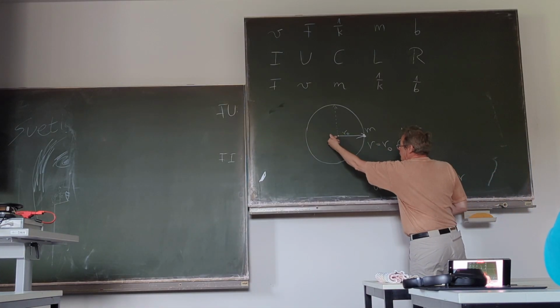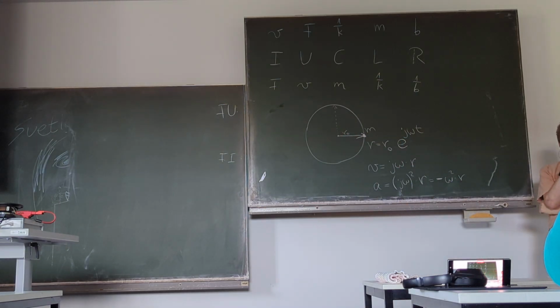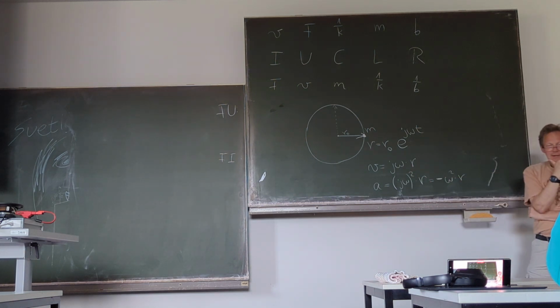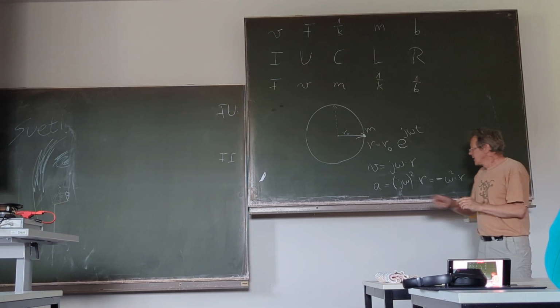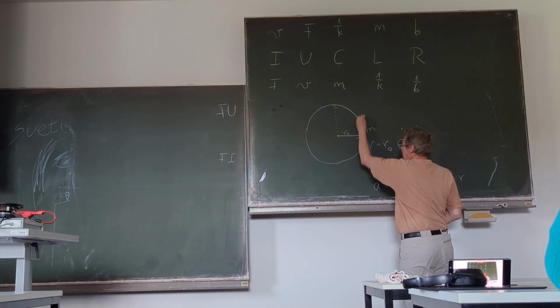The original r points here to the right side. We multiply this with j omega, but a j always means 90 degrees counterclockwise, and that means we have a velocity which points upwards.